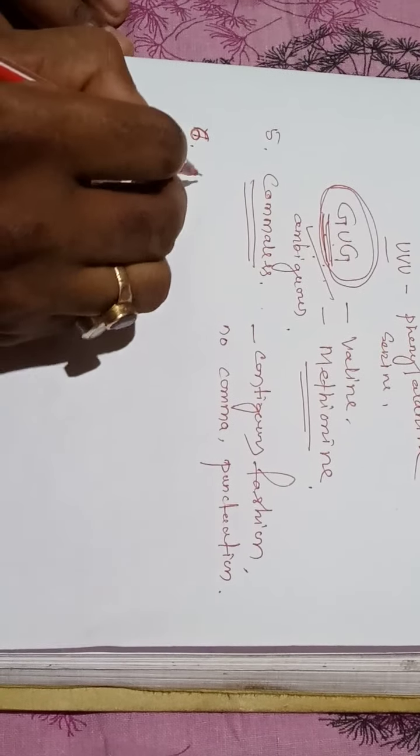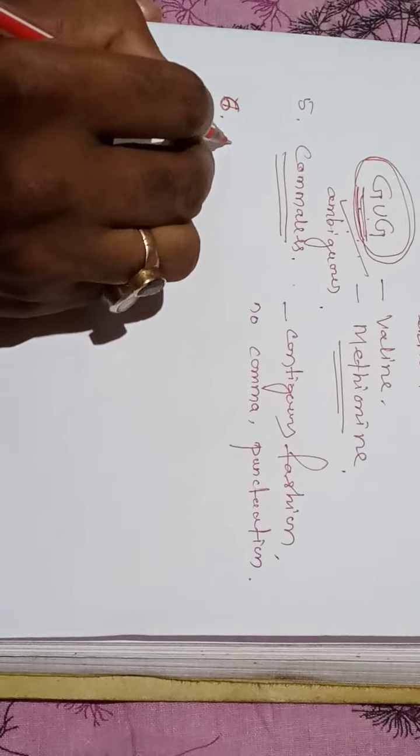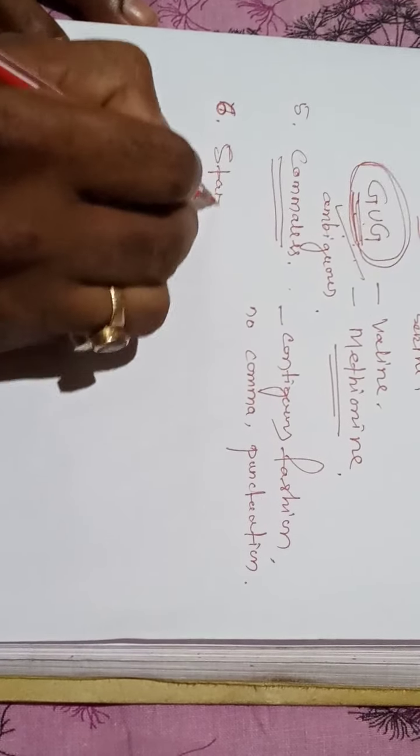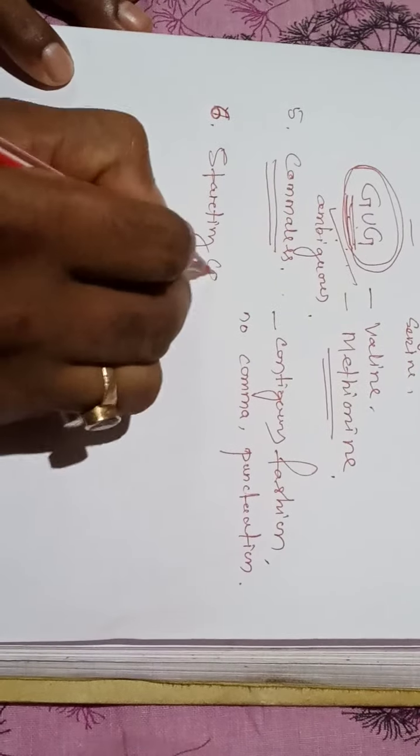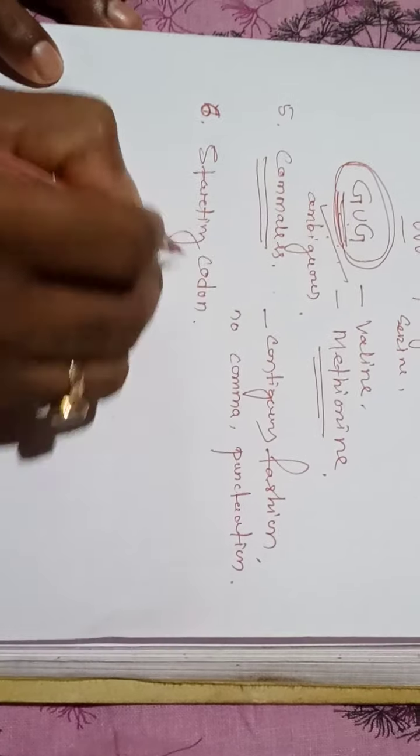Then the sixth property is the starting codon. The starting codon is AUG. It is called the initiation codon because it starts the translation process. In mRNA, the first codon is found to be AUG.